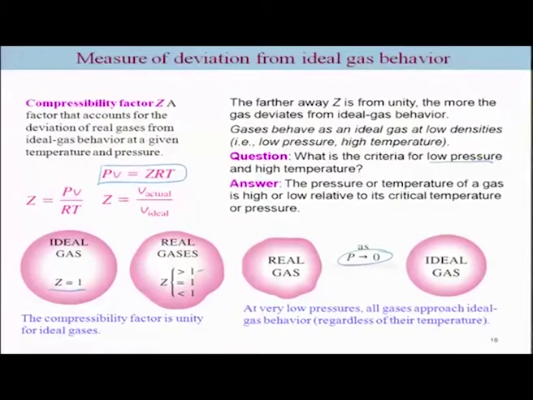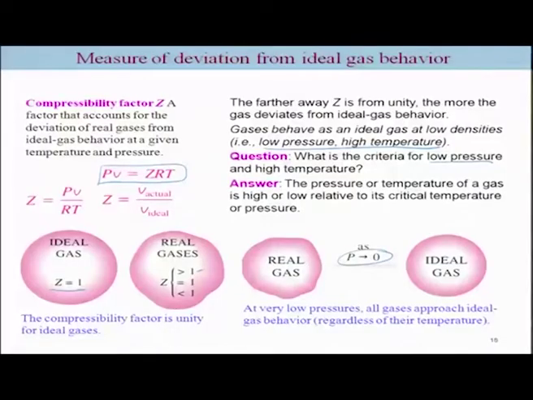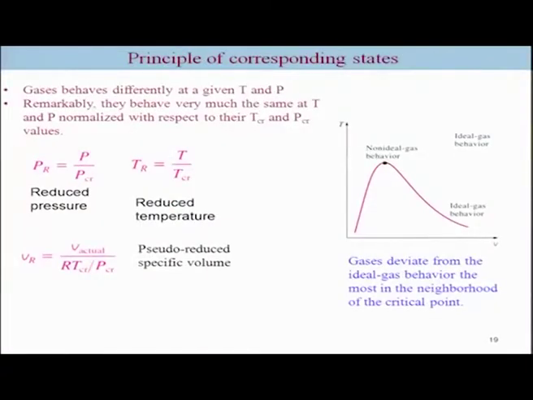It need not go to absolute 0, but in general Z is unity when gases are at low pressure or high temperature. But what is the definition of low pressure and high temperature? It is with respect to the critical point. Whether the pressure of a gas is high or low is relative to its critical temperature or pressure.